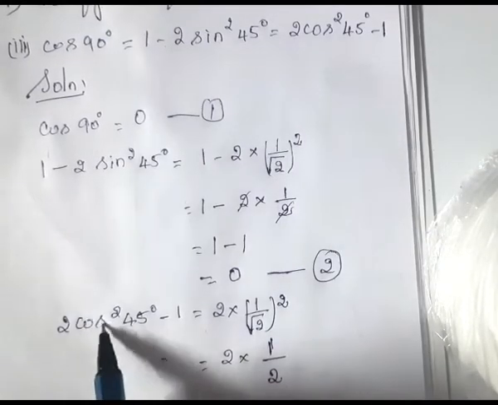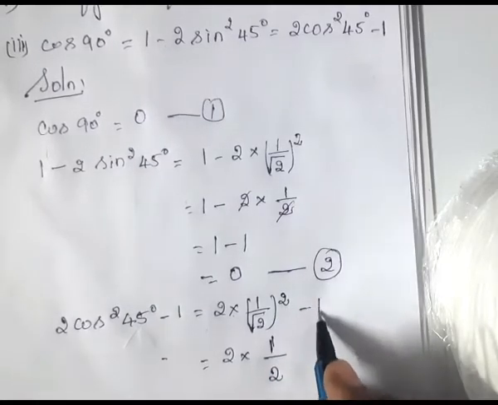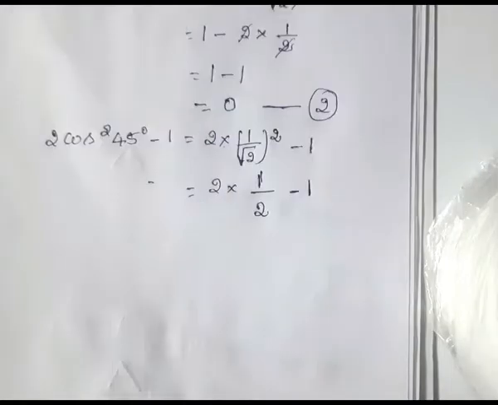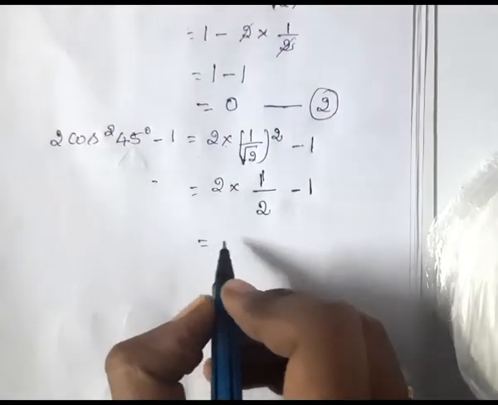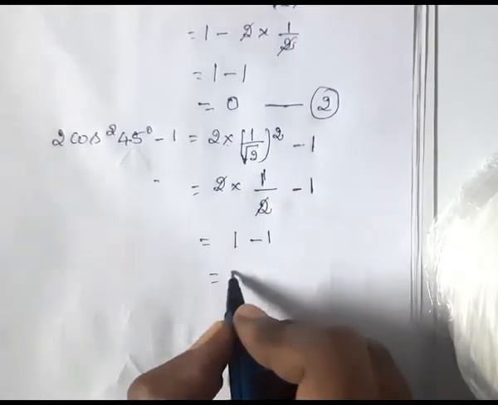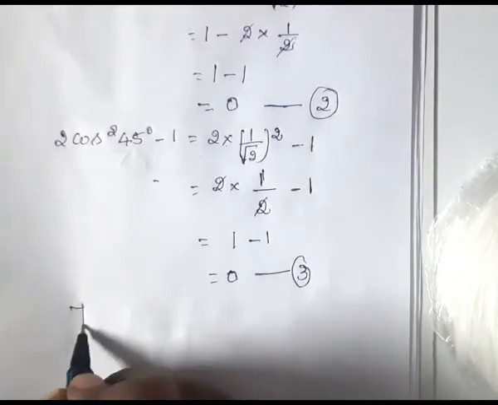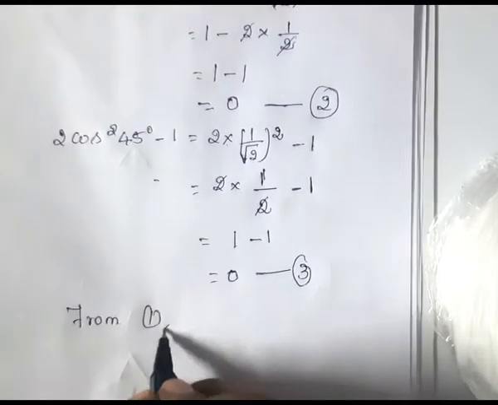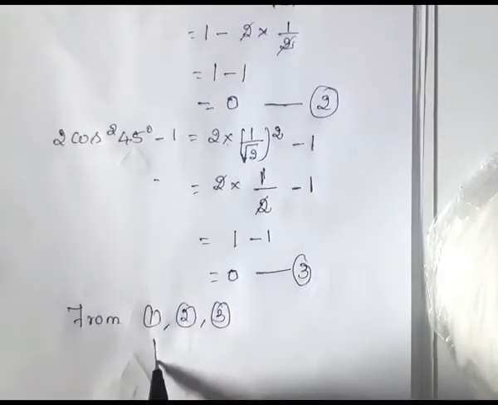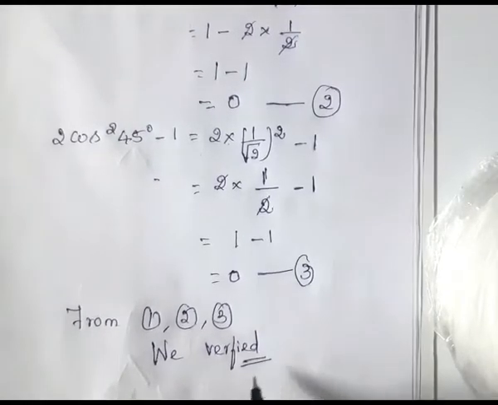So 2 cos square 45 degree minus 1, so 2 into 1 by root 2 square minus 1. That is equal to, cancel it, 1 minus 1 equal to 0. This is equation number 3. So from equation 1, 2, 3 we verified. That's all.